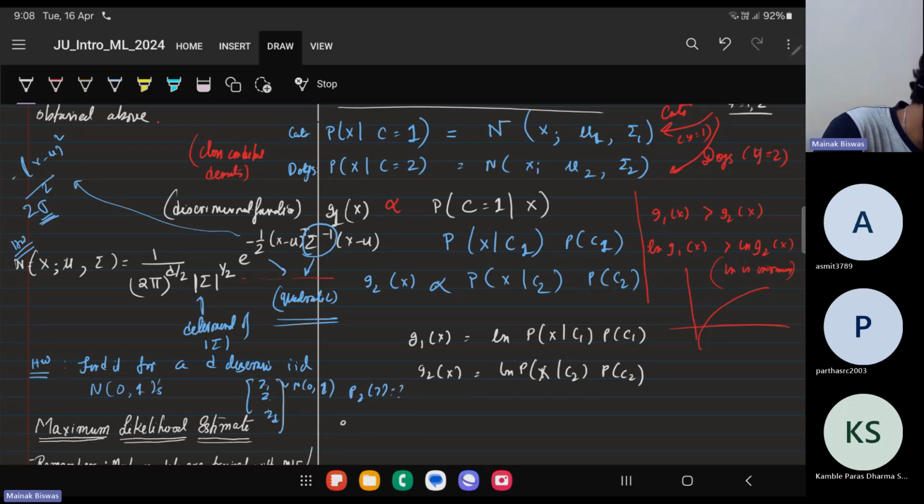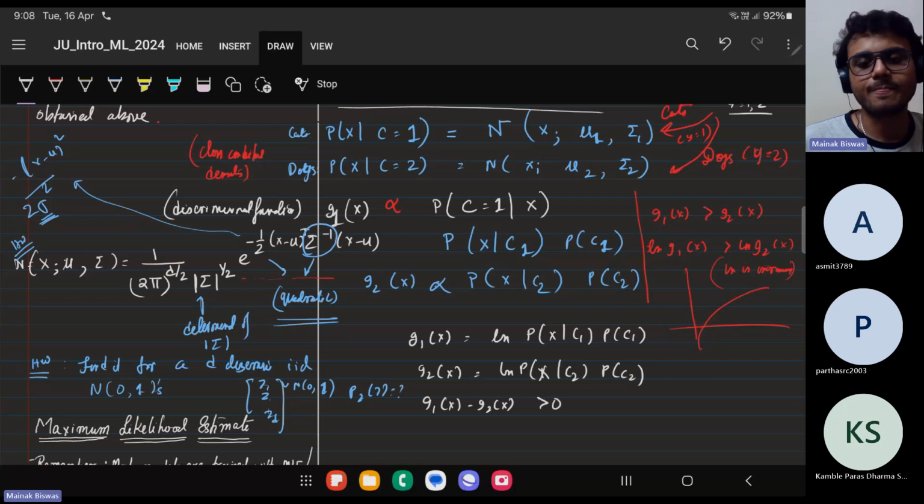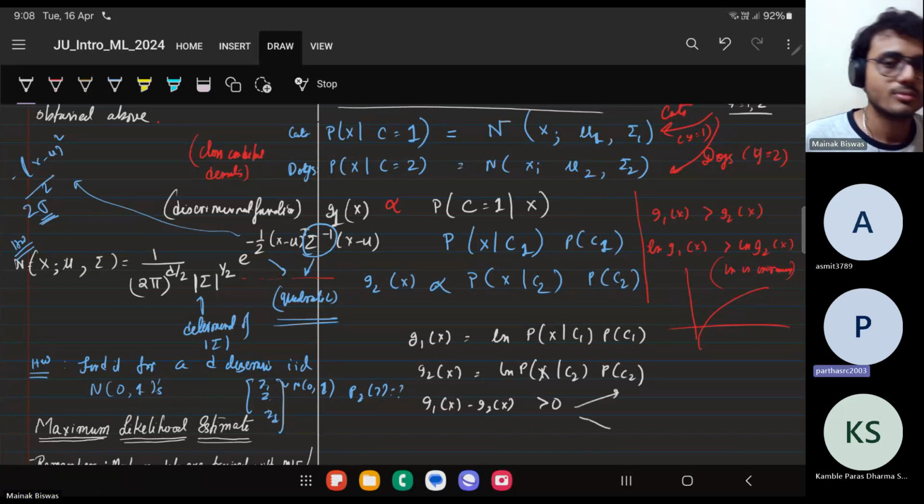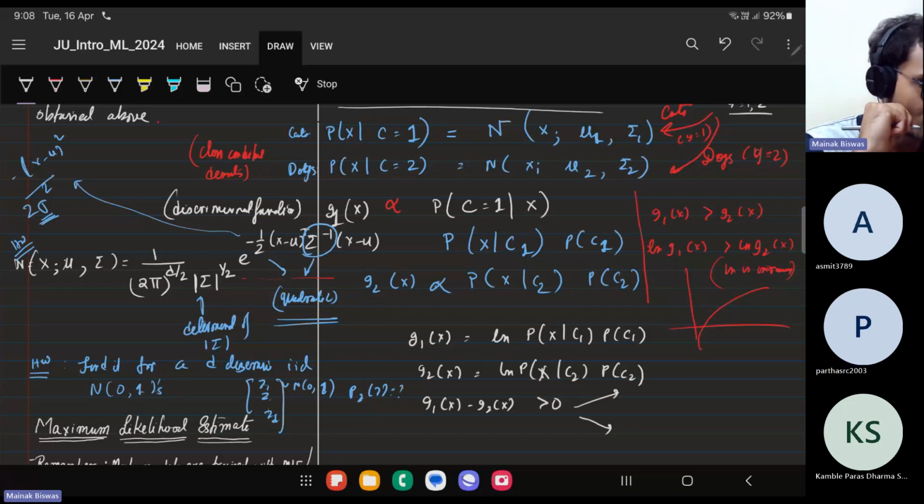Now if I say G1 of X minus G2 of X is greater than 0, what will it mean? What will I take a decision about? If G1 of X is greater than G2 of X, what is the decision?